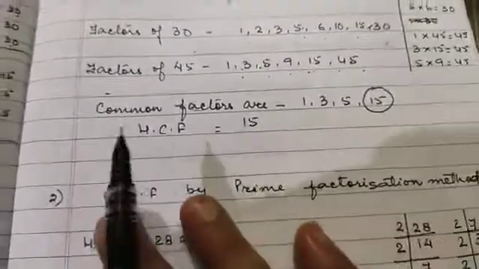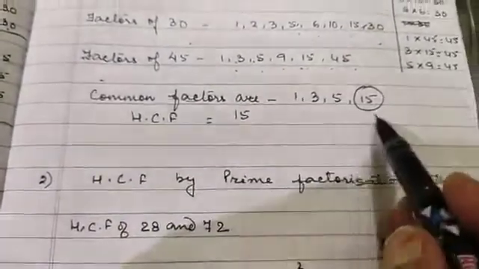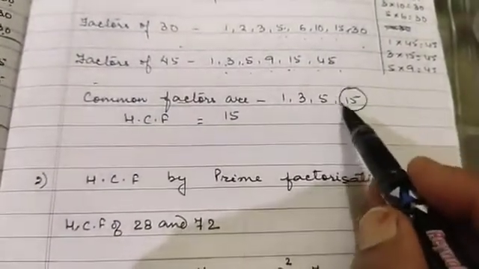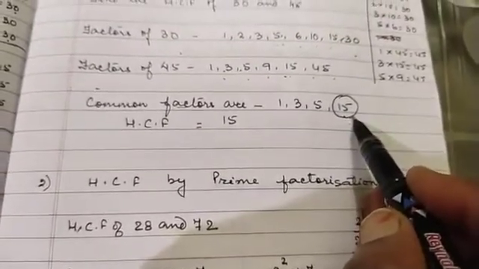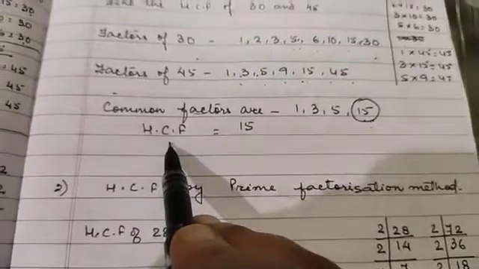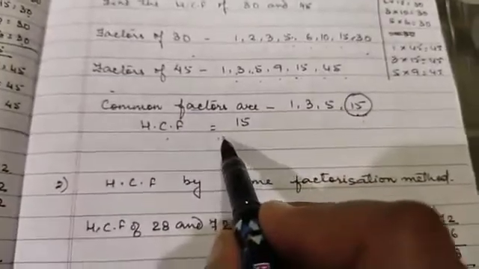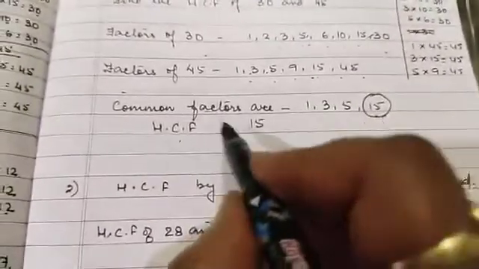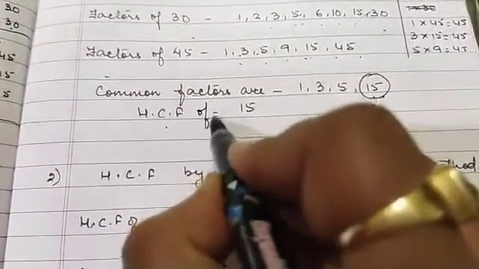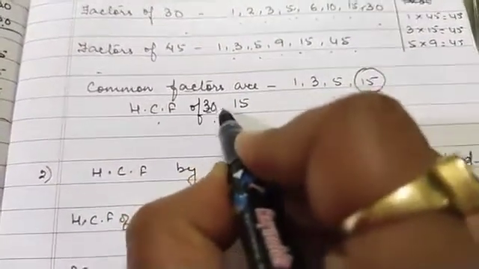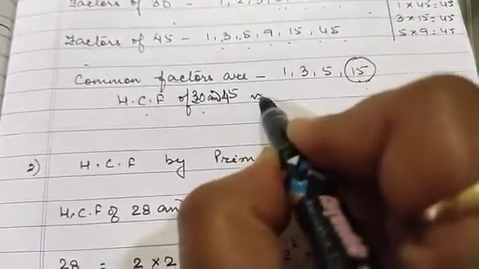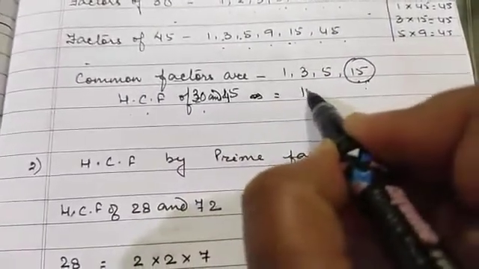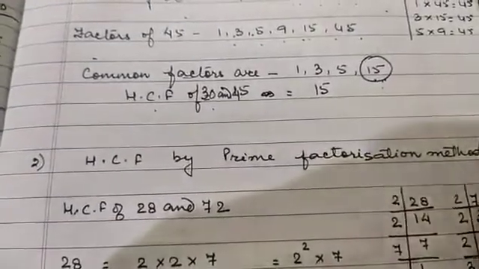Now what is the highest common factor over here? 15 is the highest common factor. So the HCF of 30 and 45 is 15.